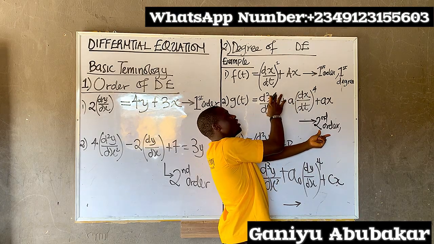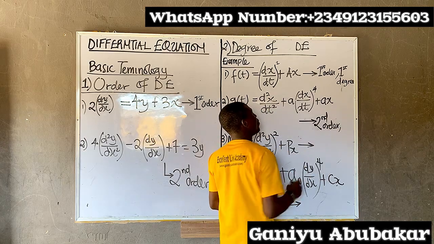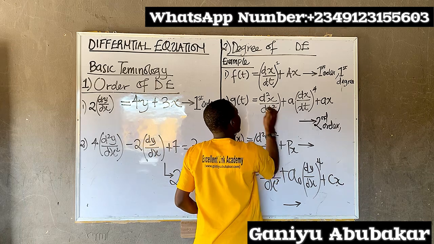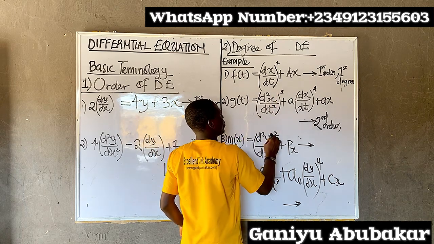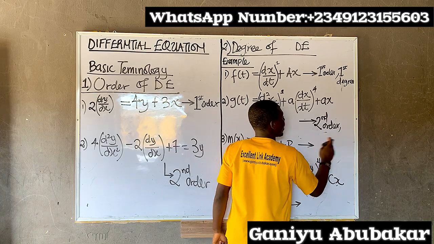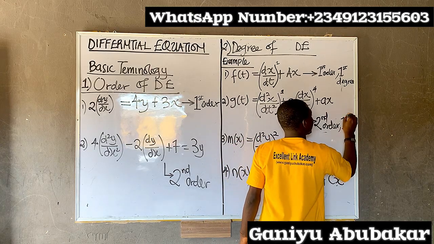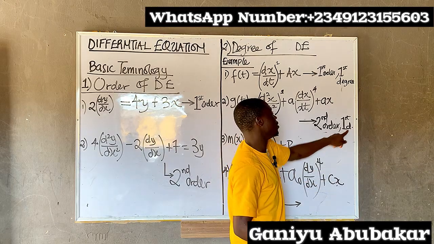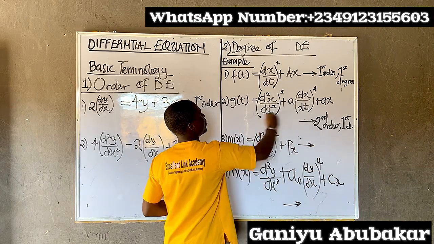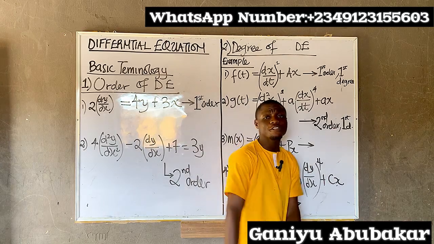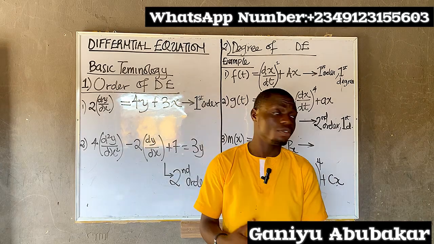The highest differential coefficient is this one here. What is the degree of the highest differential coefficient? The power here is 1, invisible 1, so this gives you first degree. So this equation has second order and first degree.